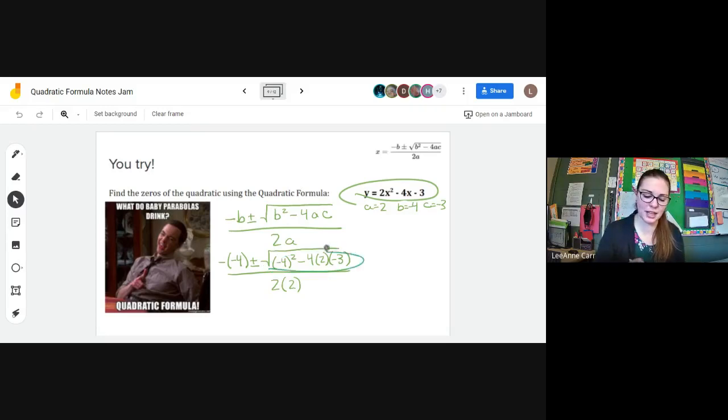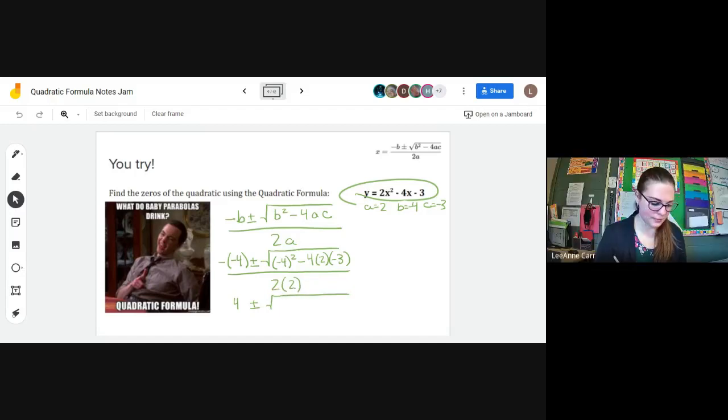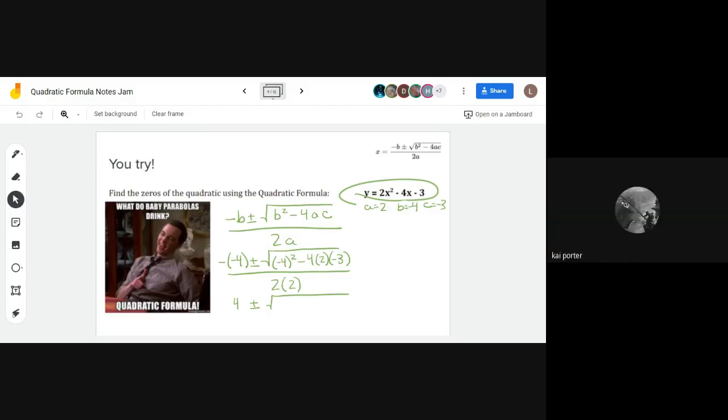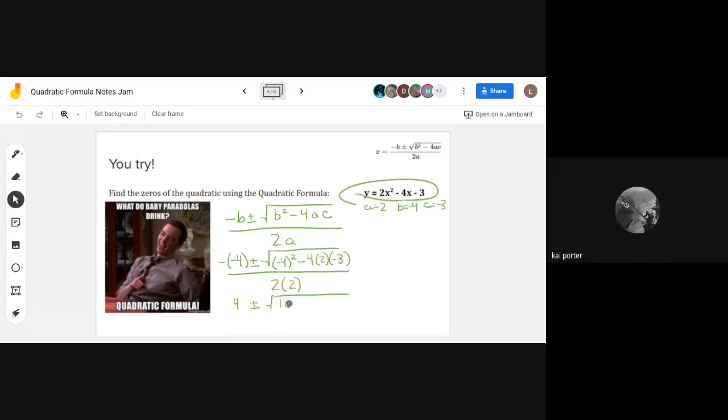Do I have a brave soul that wants to tell me what they got underneath their square root here? If you do, you can use the little raise hand button so I know. Yeah, Kai. I got 16 for -4 squared.